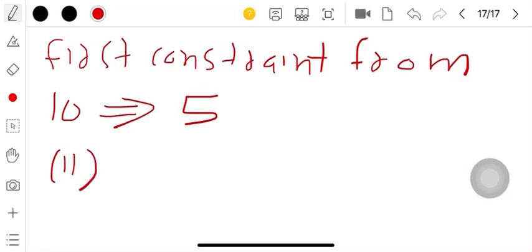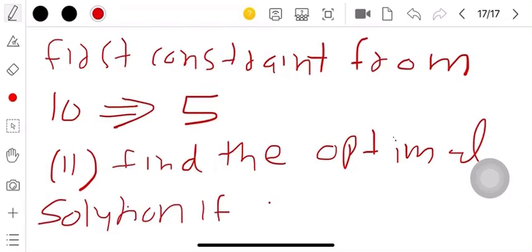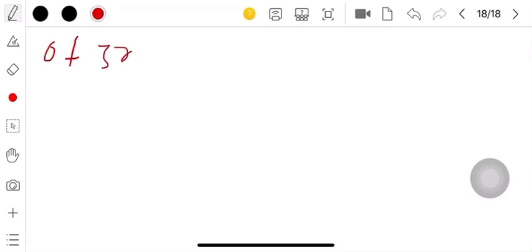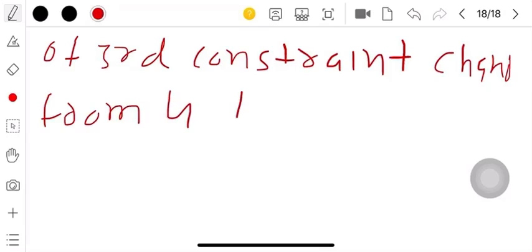Second, similarly, find the optimal solution if the right hand side of the third constraint changes from 4 to 9. So this is the problem that you need to solve in your assignment.